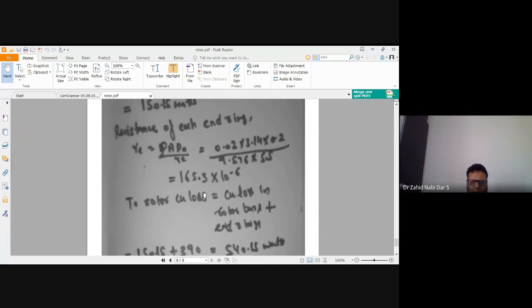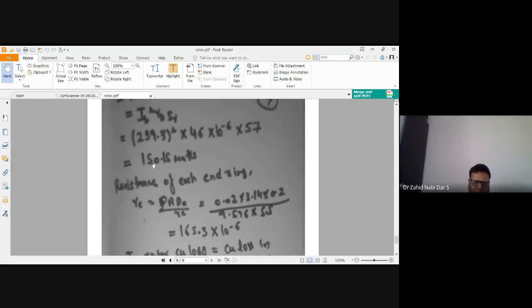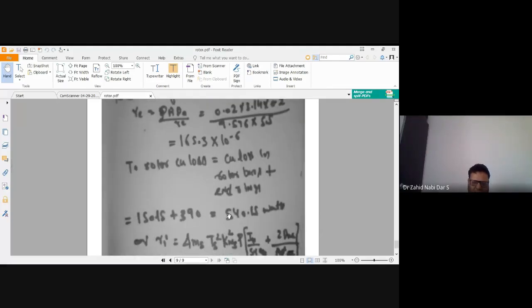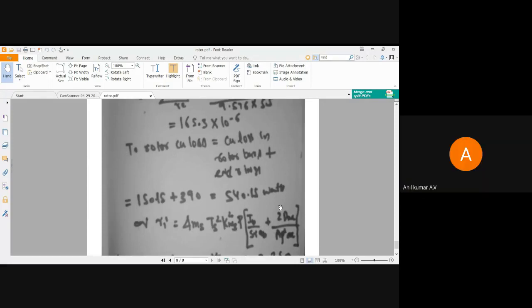The rotor copper loss is the copper loss in rotor bars plus end rings. So this is 150.15 plus 390, which happens to be 450.15 watts. Till here you have understood? Yes, sir. Everybody understood? Bindushri? Yes, sir.